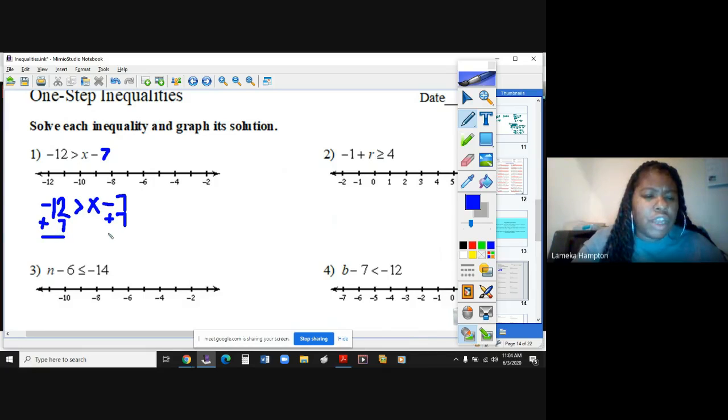Okay. Now, when I do that, of course, I know that that cancels out. And I am left with negative 12 plus 7. So who can tell me what negative 12 plus 7 is? Feel free to use a calculator if you have one.